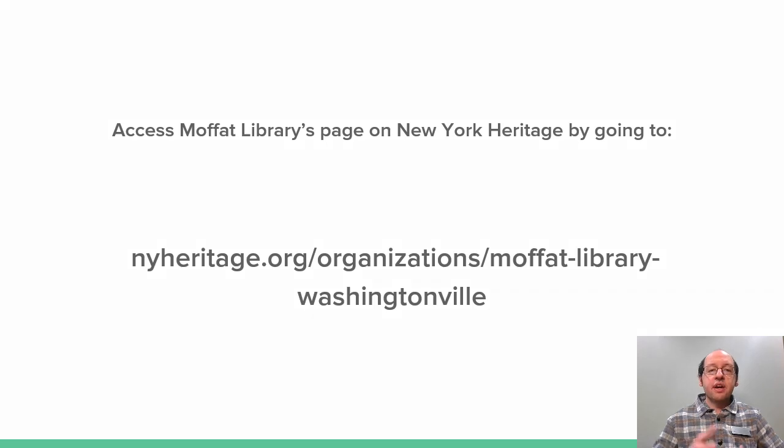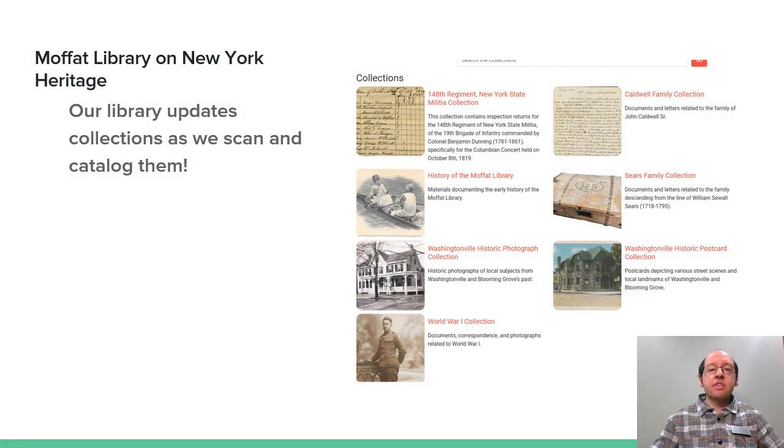And when you get there, you're going to see some of our collections. So these collections, as I said before, are based on things that we have in our local history collection that are historically important. They're rare. They're things that people ask for frequently, and we are always updating them and adding on to them and maybe creating new collections as we see a need for them.